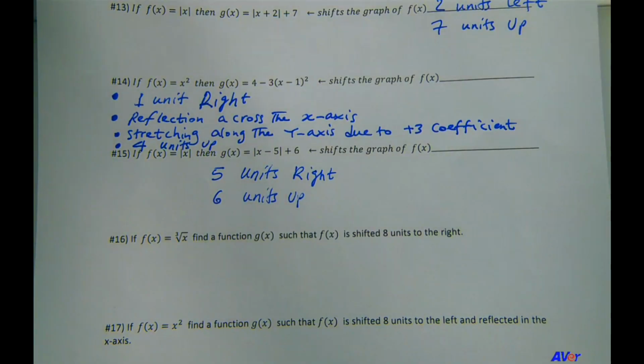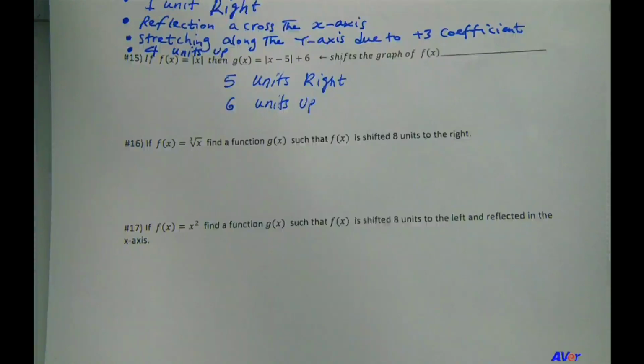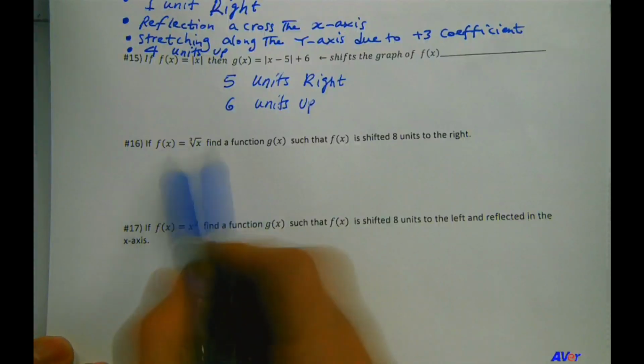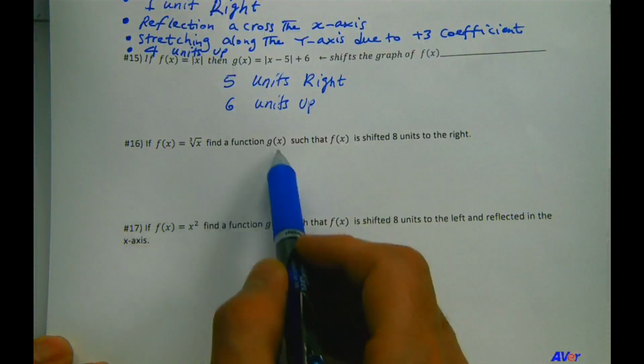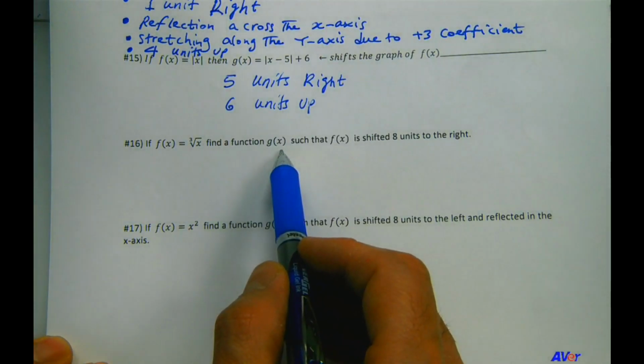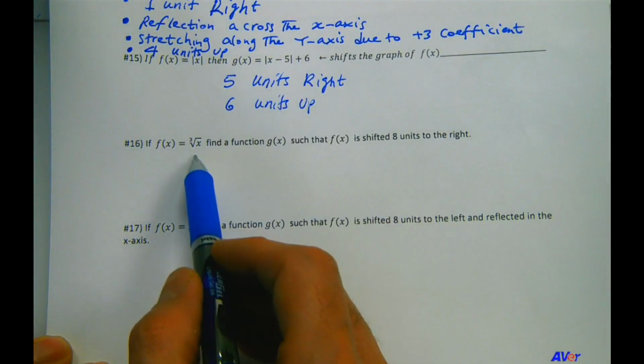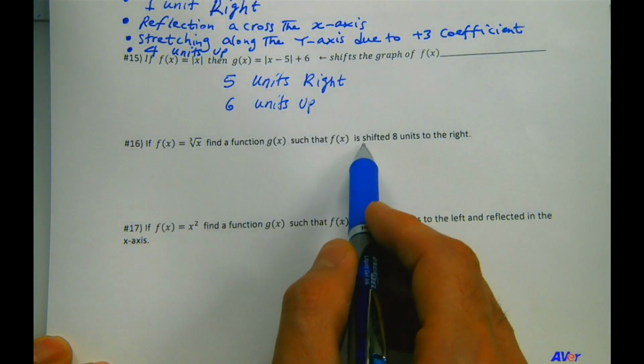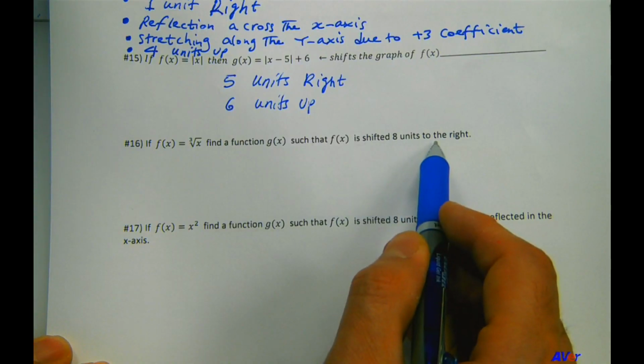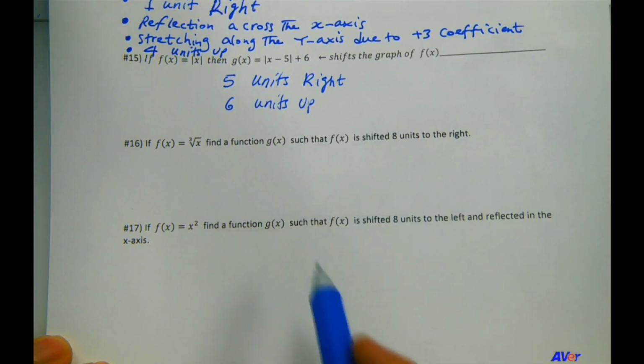Now, number 16 and 17 on this worksheet for section 2.5, it's a little bit different than what we've been doing. It's saying, given this function f of x, find the function g of x such that f of x is shifted 8 units to the right, just 8 units to the right.